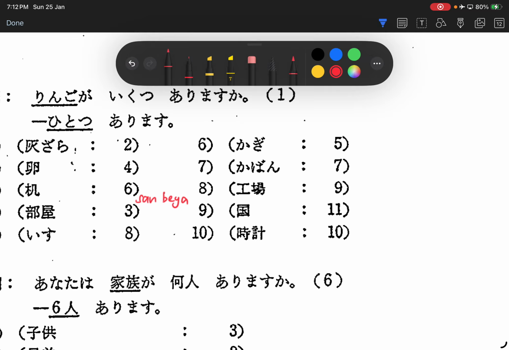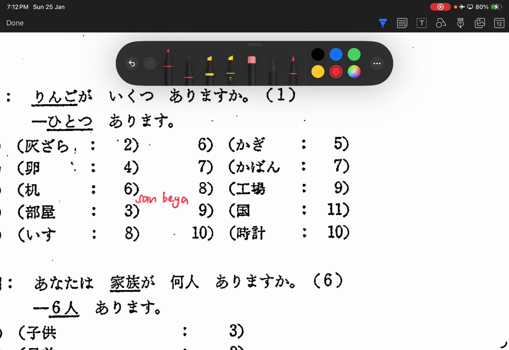Yes, the two at the back here can help. How to count month? Month. So 11 month? No, 11月 is November. 11ヶ月 is 11 months.